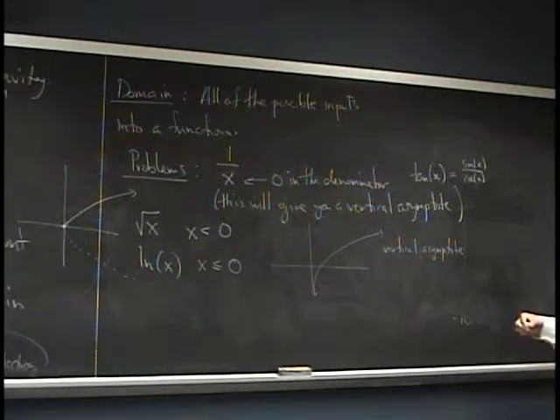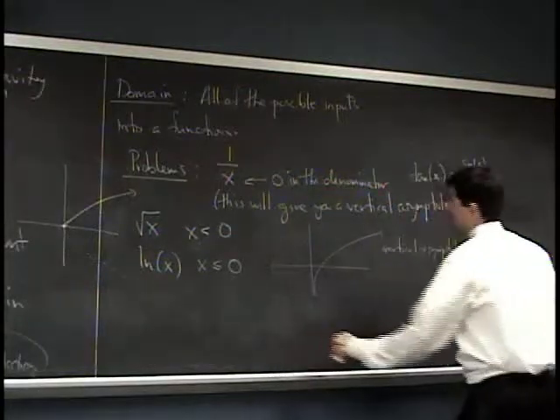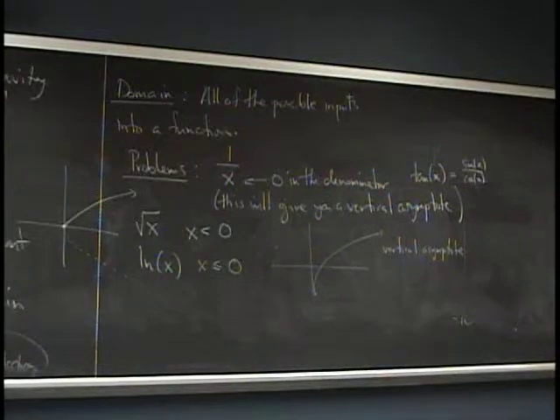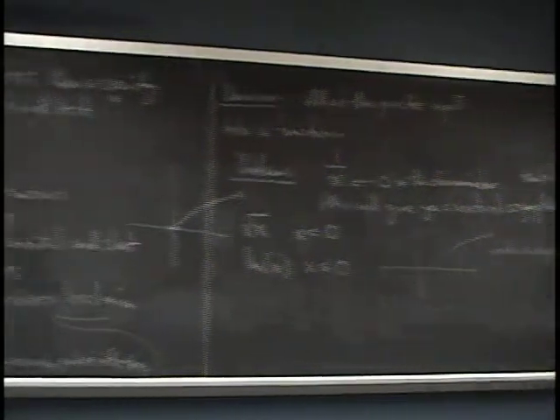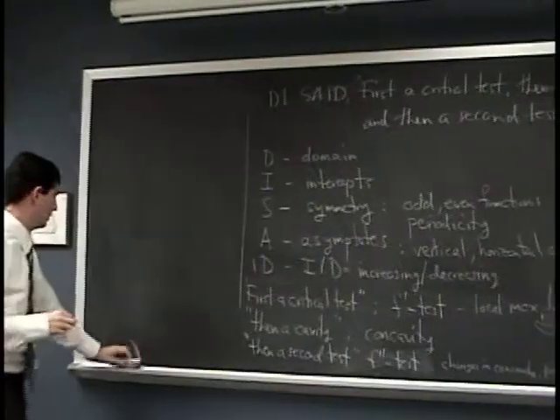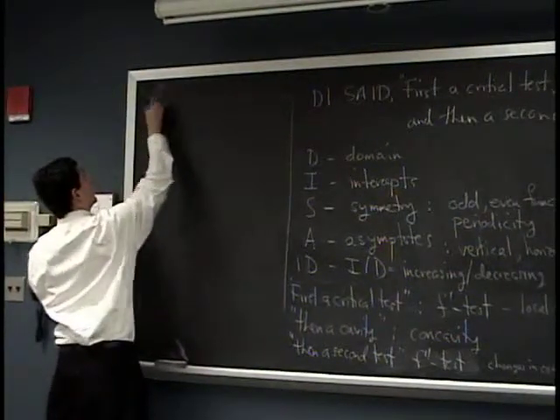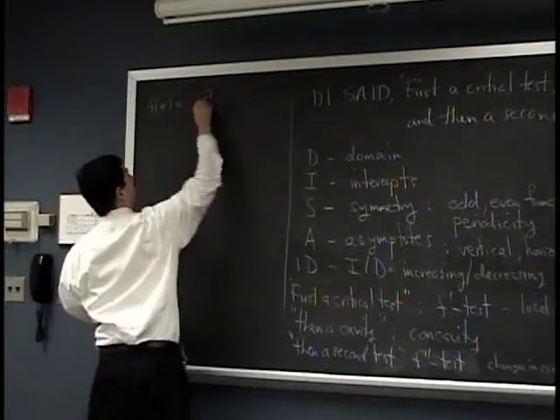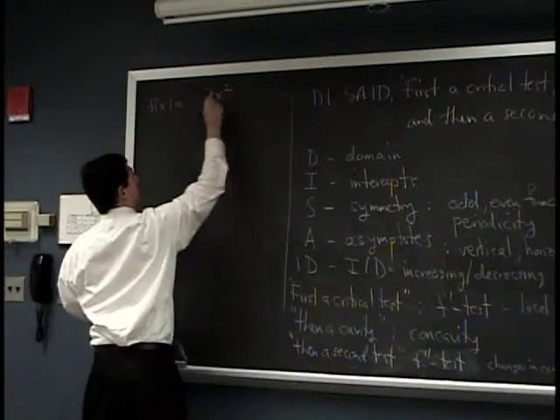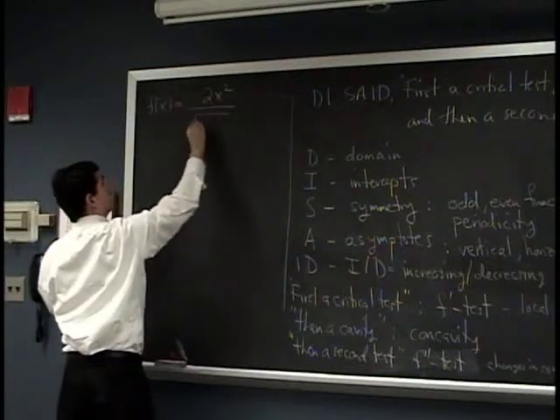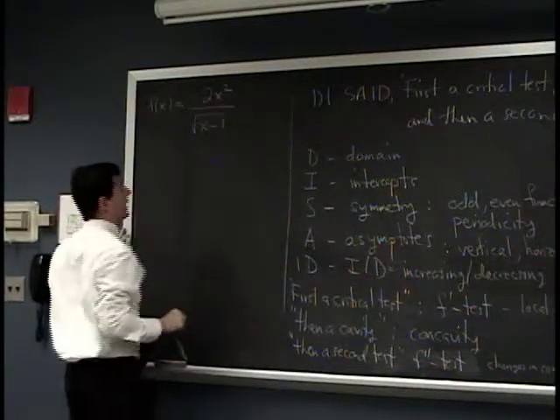Okay, let's do a very quick example. What if I have f of x equals 2x squared over the square root of x minus 1?